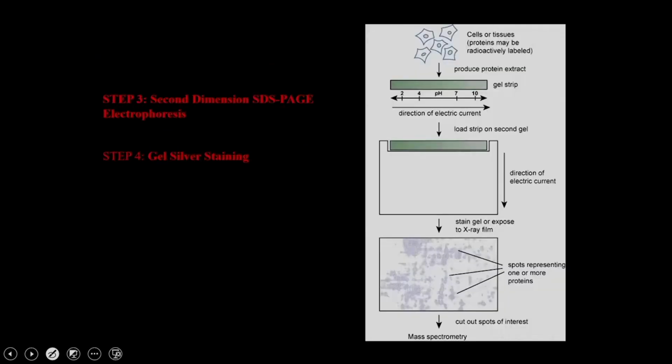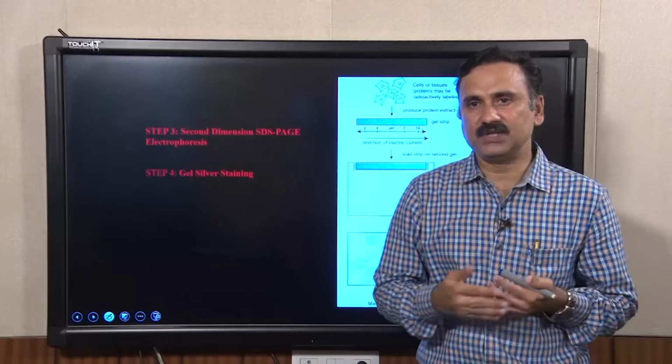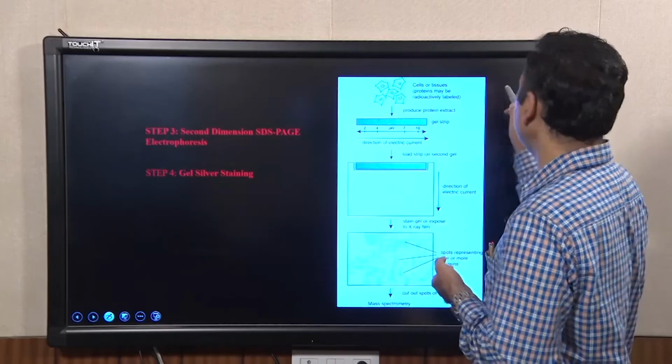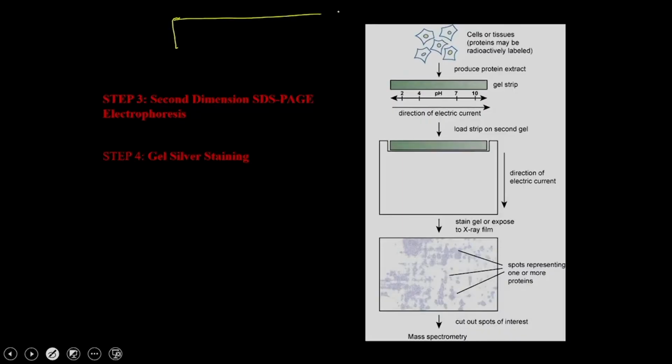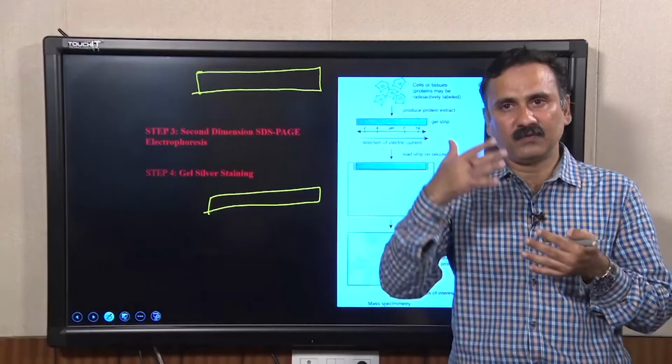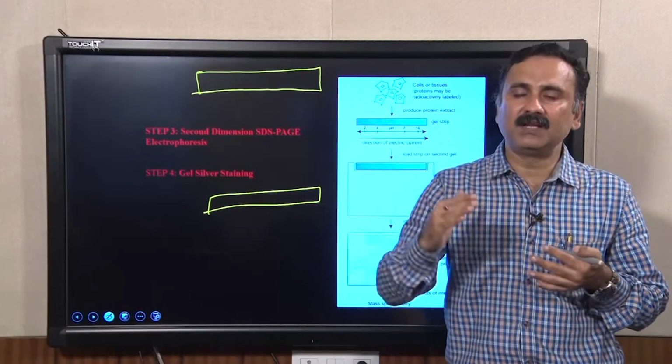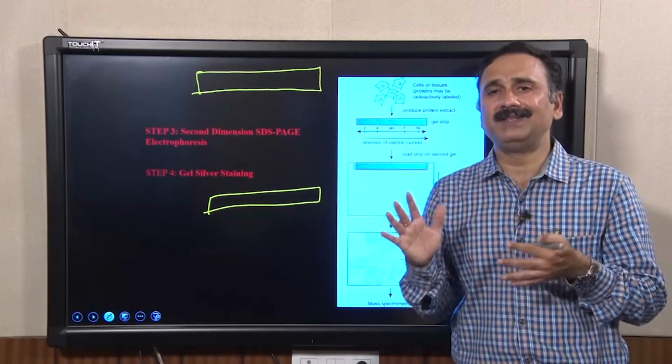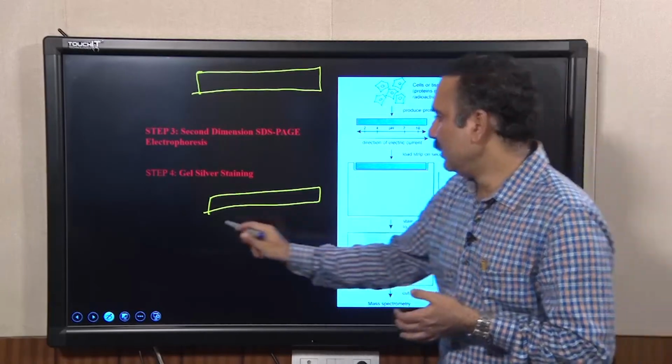Now, once you are done with the first dimension, you are going to have the IPG strips, and you take the IPG strips and put them into the acrylamide solution. You first cast the resolving gel, but you do not need to cast the stacking gel.